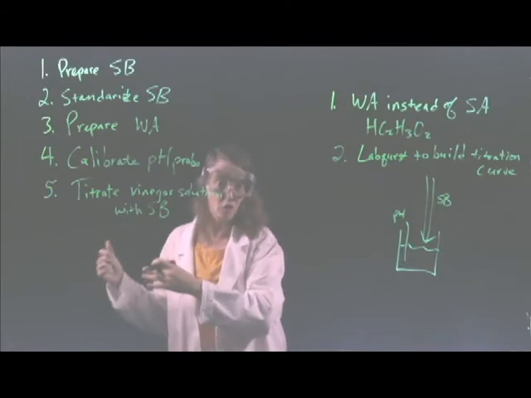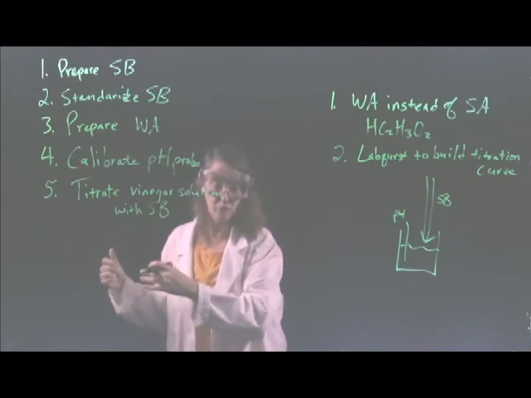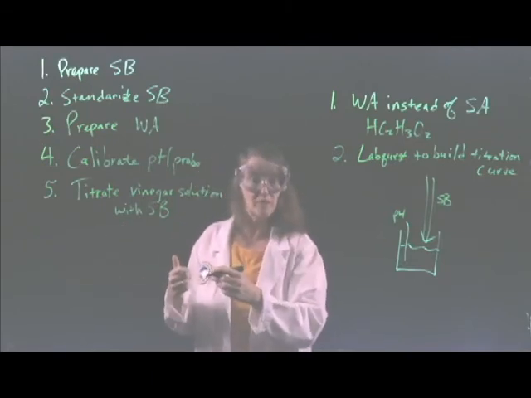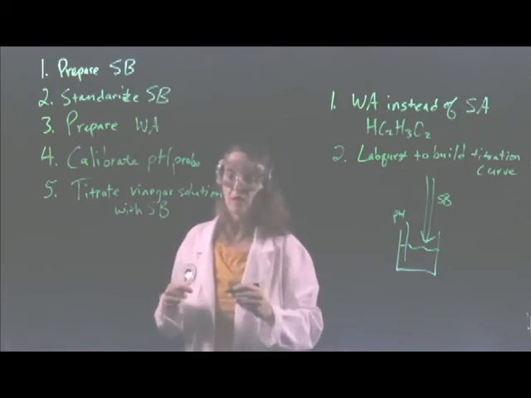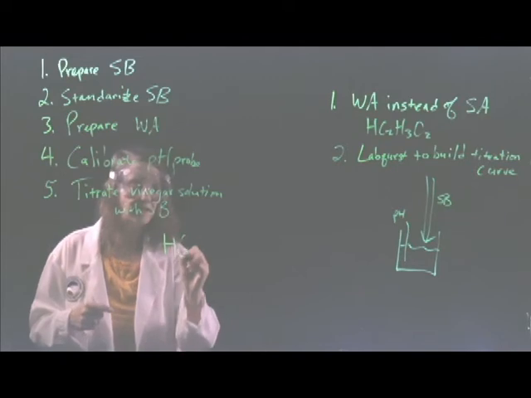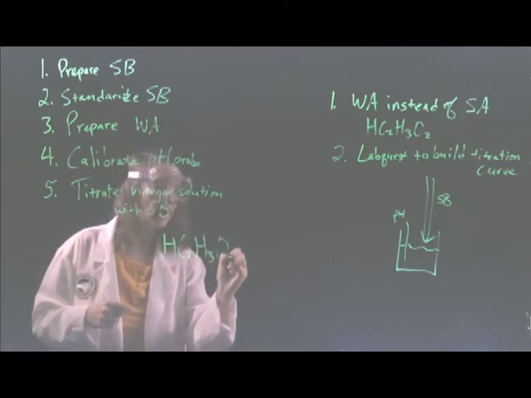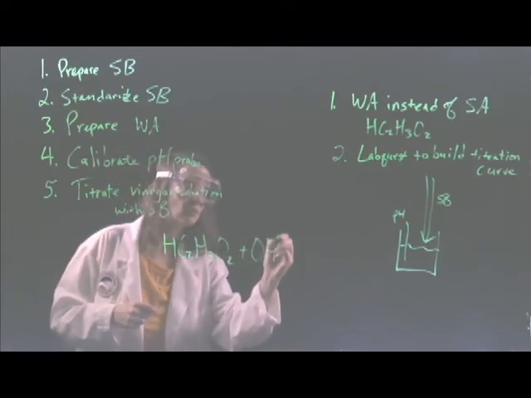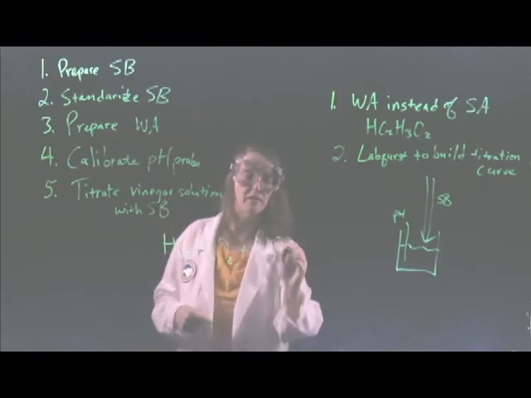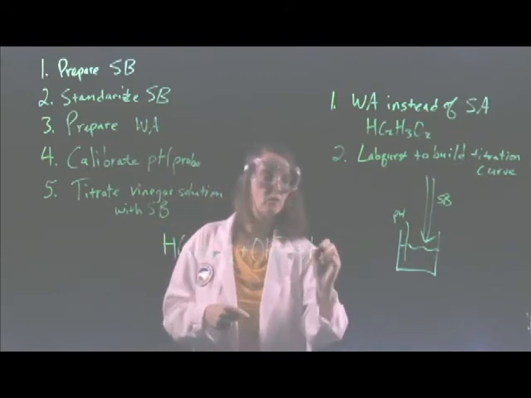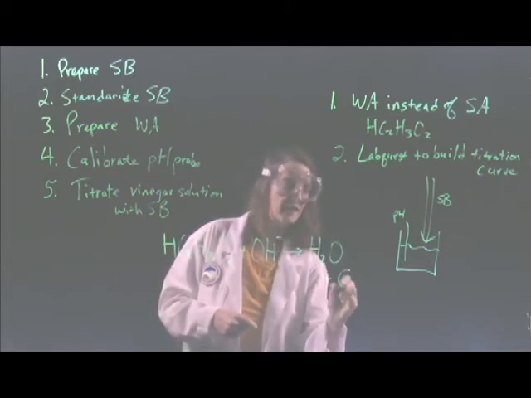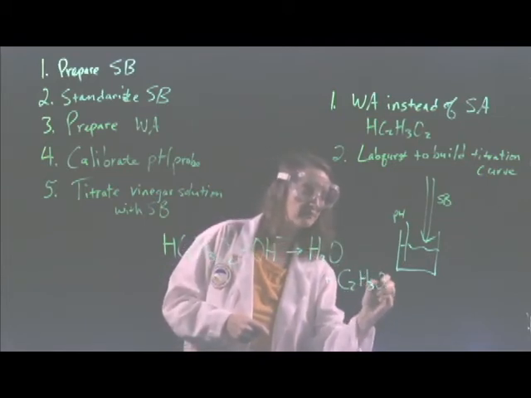Last week when we did the strong acid, strong base solution titration, the equivalence point was at pH 7. But let's think about what's happening this week. We have acetic acid, and we're adding a strong base to it, right? Hydroxide ion to this. So what's going to happen here is that we'll generate water and acetate ion.